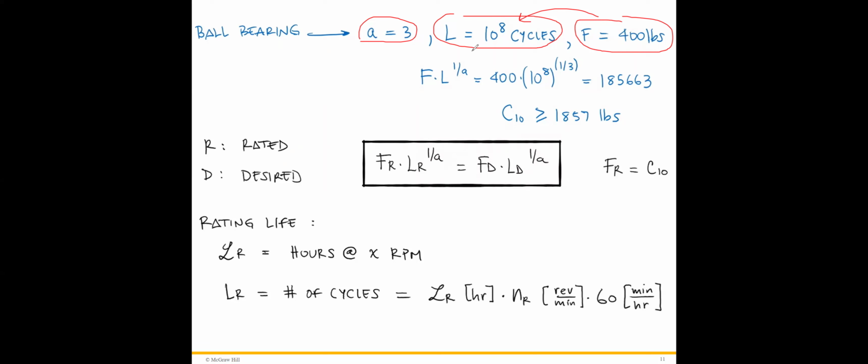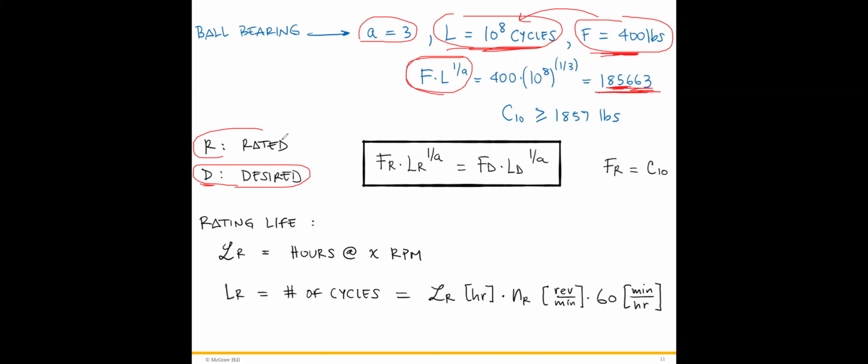We can plug this into the previous relation that we already figured out, so it will equal this number. Here we define D as desired, that means what you require: the bearing's life and the force it can be subjected to.